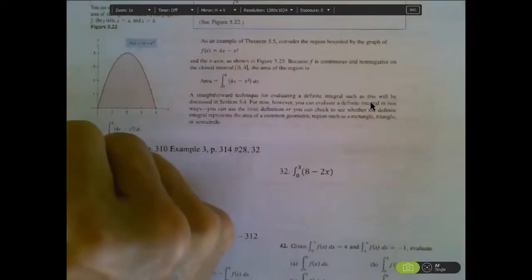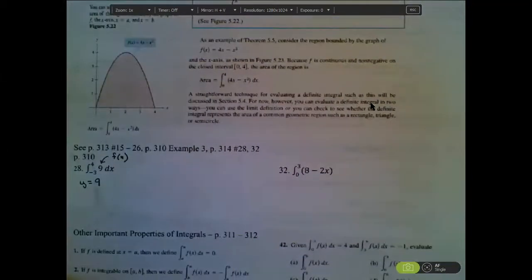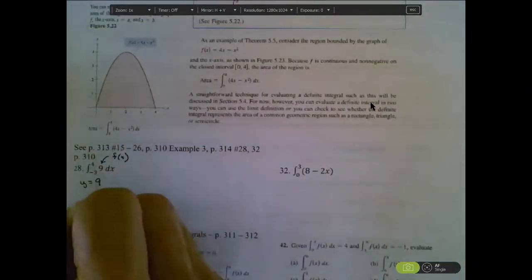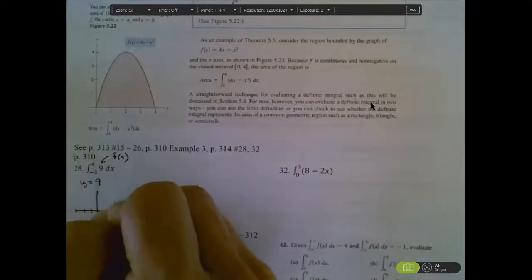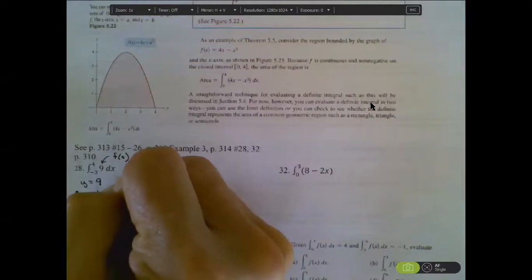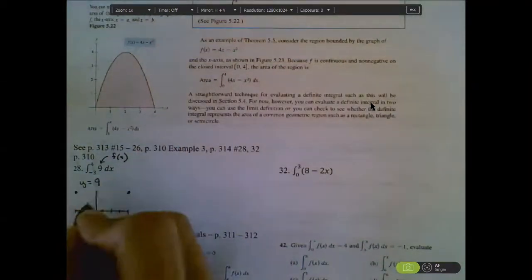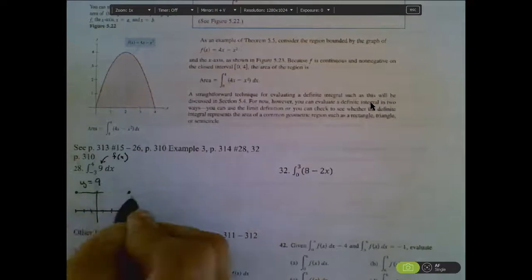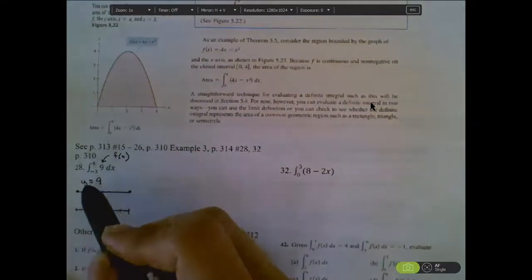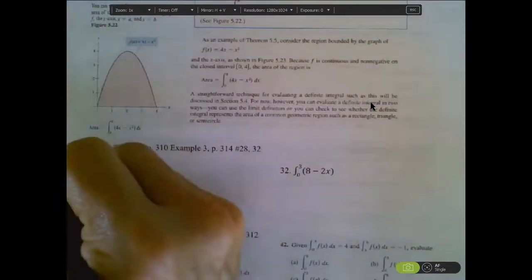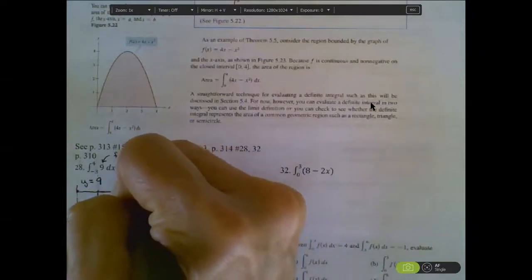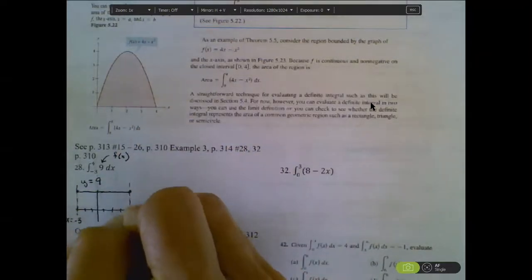So if I graph y equals 9 from -3 to 4, that would be a continuous function, and it would be non-negative on the interval from -3 to 4. Here's my vertical line, x equals -3. Here's my vertical line, x equals 4.